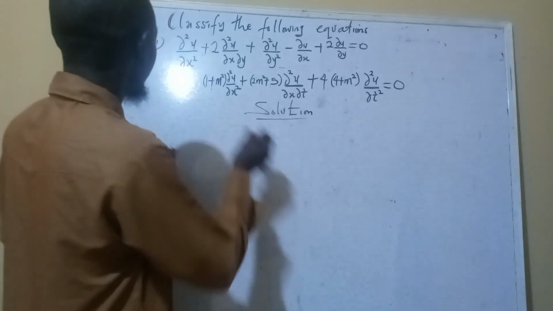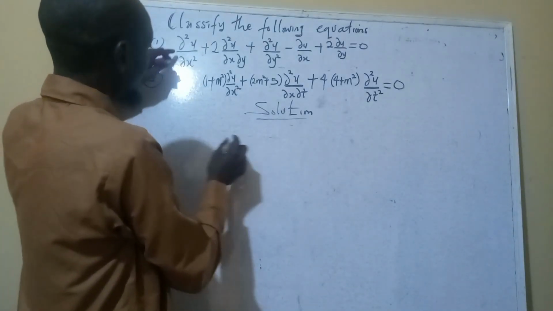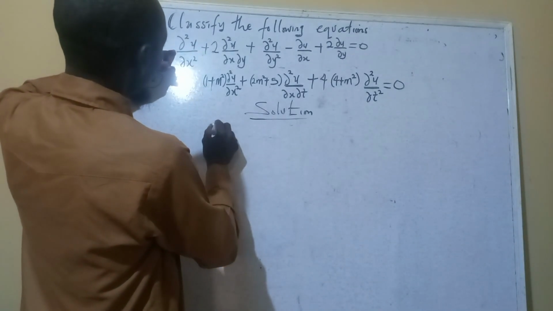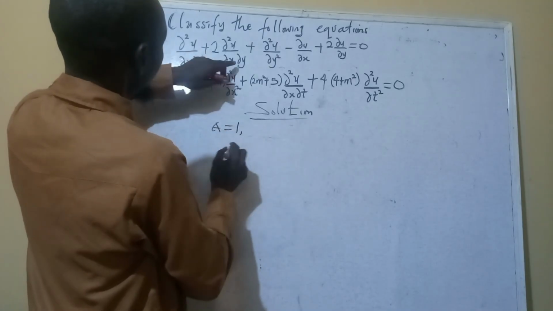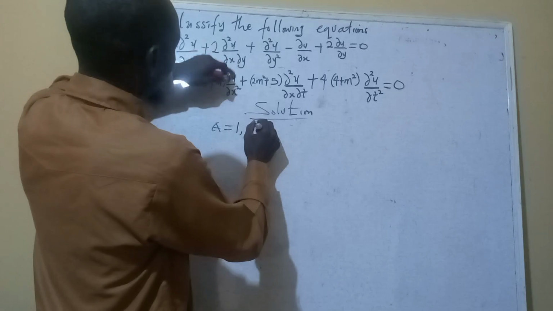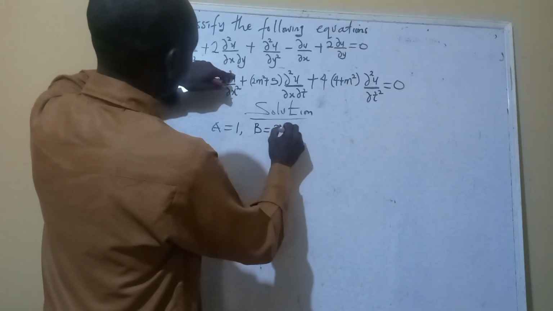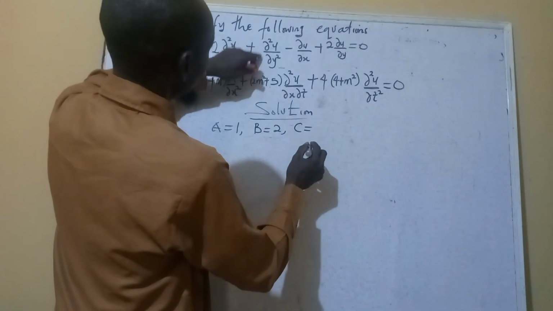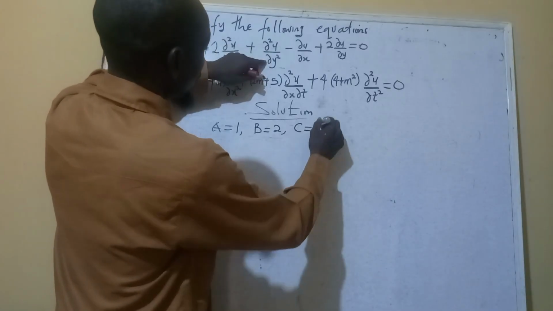To classify this equation, this one is question number 1. That means a is equal to 1, the coefficient of x squared; b is equal to 2; and c is equal to the coefficient of y squared, which is 1.